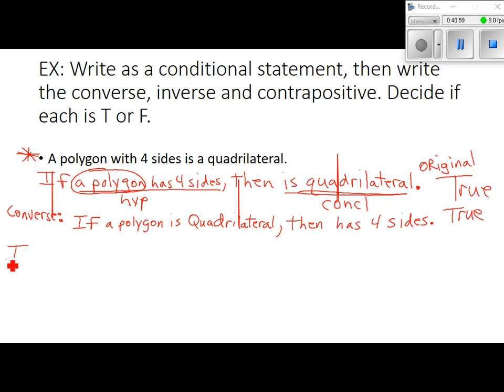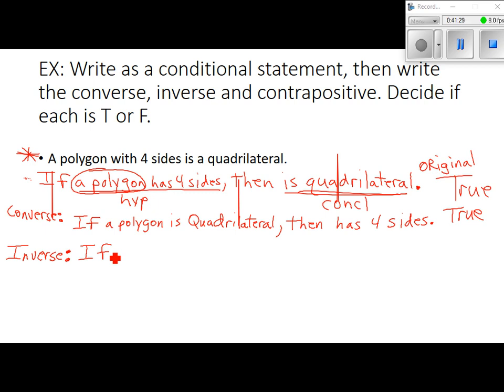The inverse. What's the inverse do to a statement? Negates it, right? Leaves it in the same order it started off being in, but it negates it. So what's it going to say? If not, polygon has 4 sides. Does that make any sense?